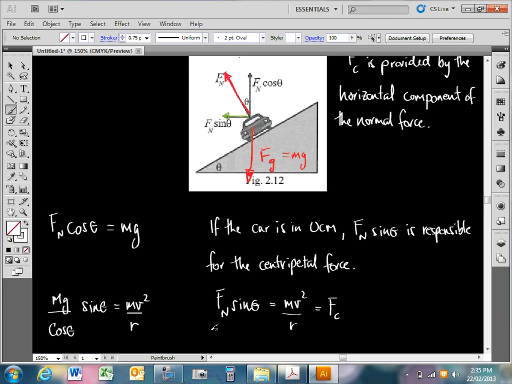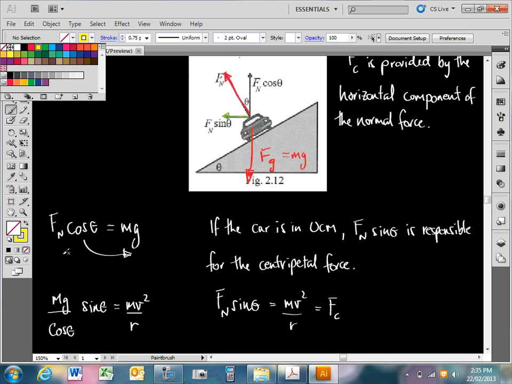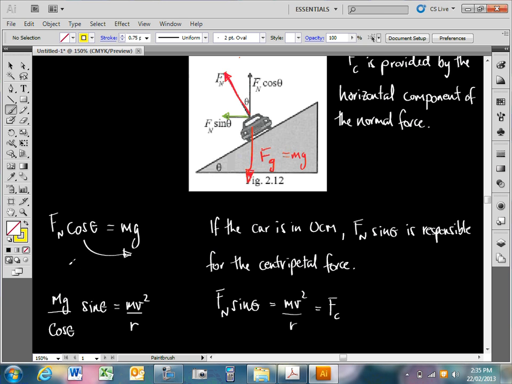Have a look at what we're saying. Here, cos theta, if I move the cos theta over here to the bottom line, I've set Fn equal to mg on cos theta, haven't I? All right, I'll just draw that in a different color here. F sub n equals mg on cosine theta.